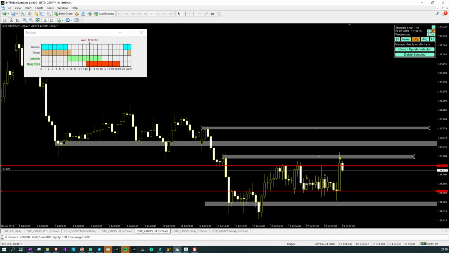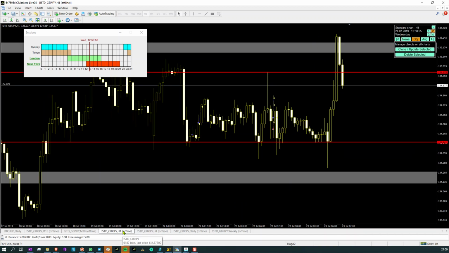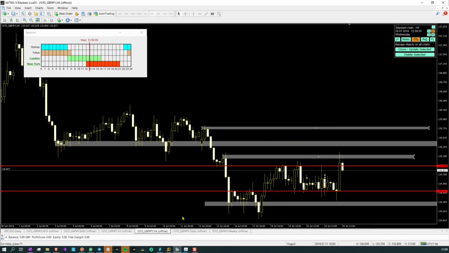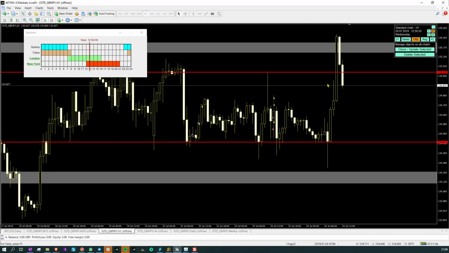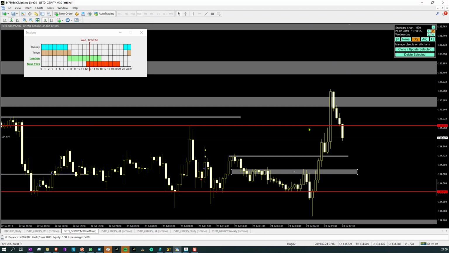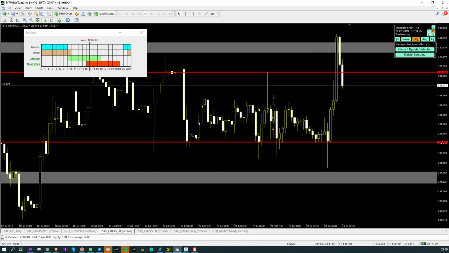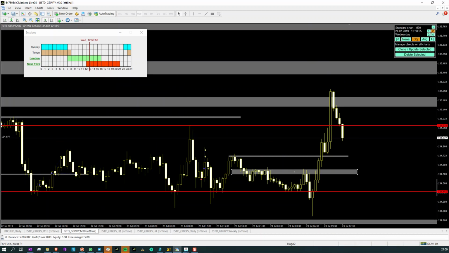It was the next 4 hour zone that is rejecting them. Maybe the break of the 1 hour, maybe, because we are rejecting a 4 hour zone. But let's see if we have some bullish thing going on here.